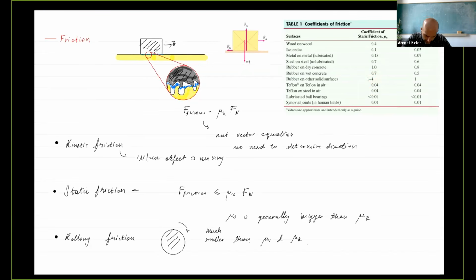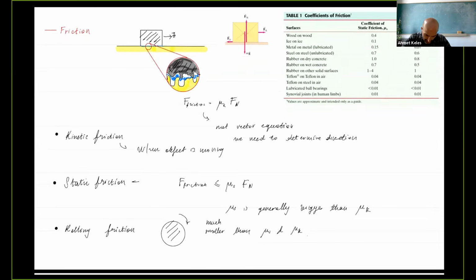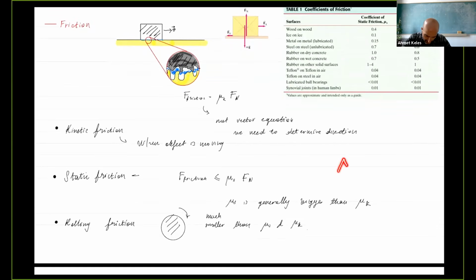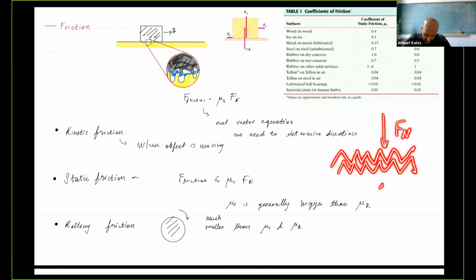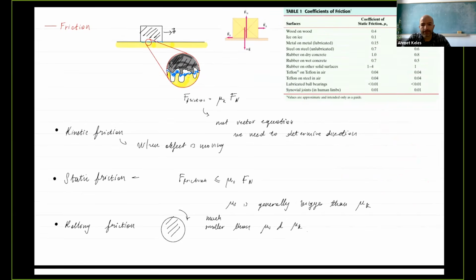If you engineer a kind of surface where your object interlocks, then the friction coefficient mu s or k times F normal is going to be bigger than F normal. It can be bigger, but generally it's between 0 and 1.